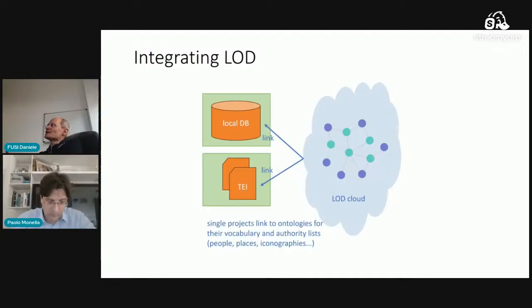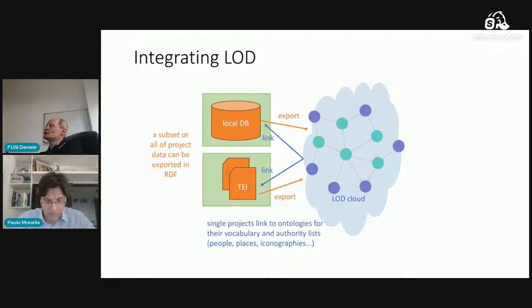On the other hand, some projects might export any subset of their data into various RDF ontologies. So that's not just linking your project to the LOD cloud, it's transforming your project or part of it into a part of the LOD cloud.